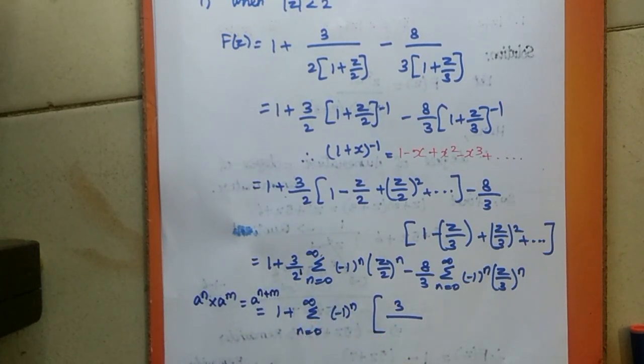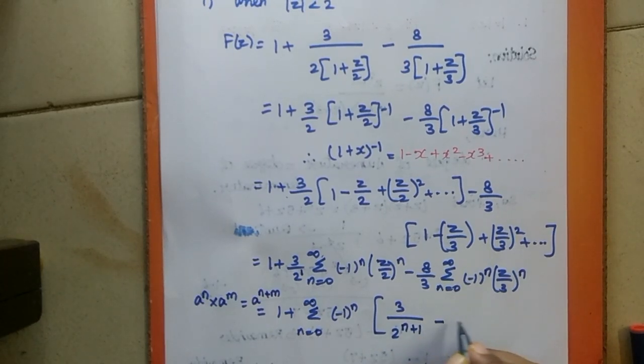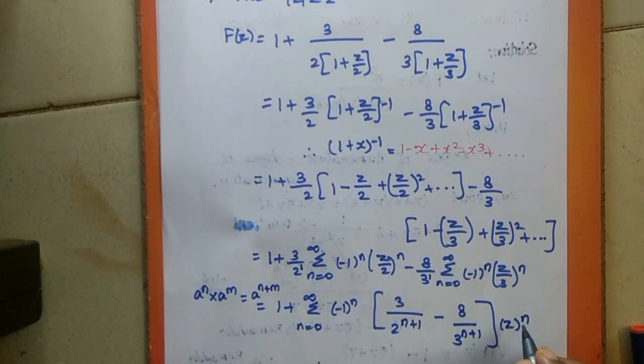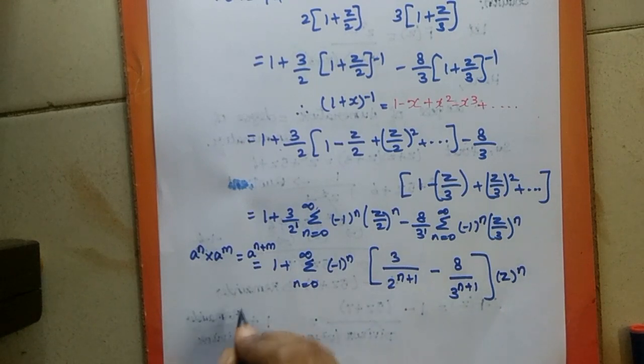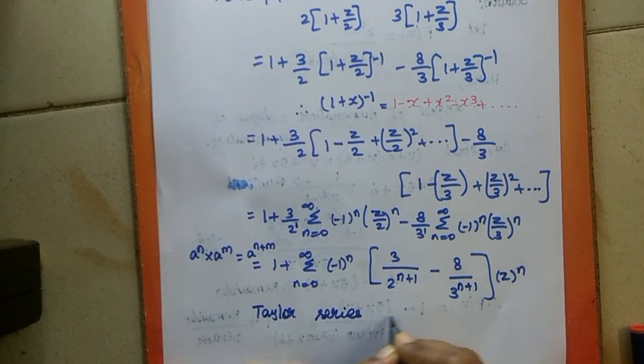We use this here, so we get 2 power n plus 1. Likewise 8 divided by 3 power 1, 3 power n, we add the powers of 3, so 3 power n plus 1, and then we have z power n common. Okay, now this is our Taylor series form for the condition mod z less than 2.